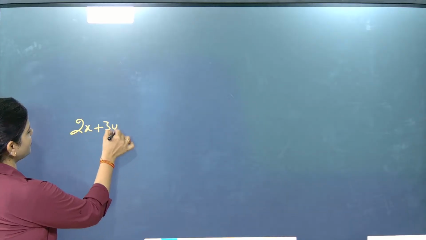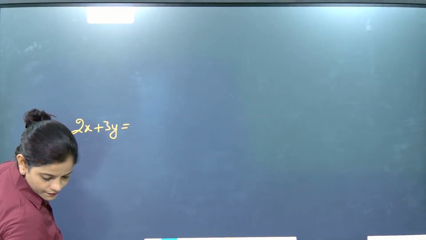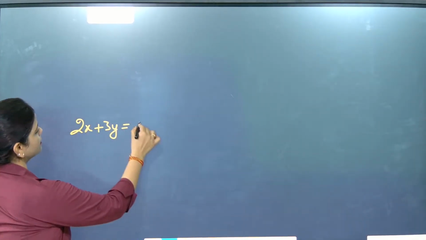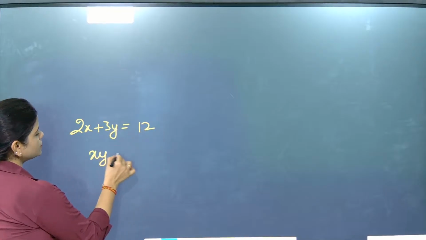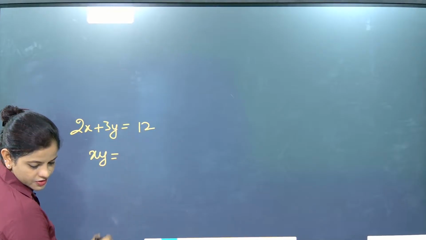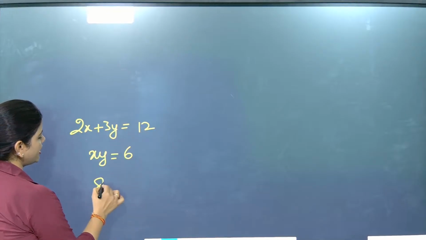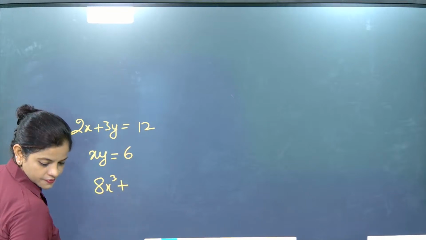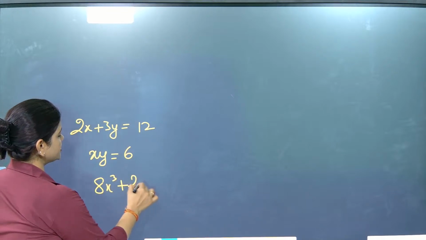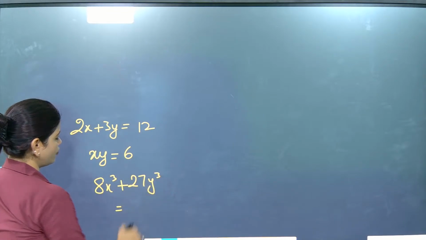2x plus 3y equal to 12. xy equal to 6. Find 8x cubed plus 27y cubed. Come on, go for it.